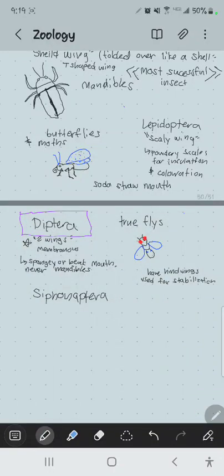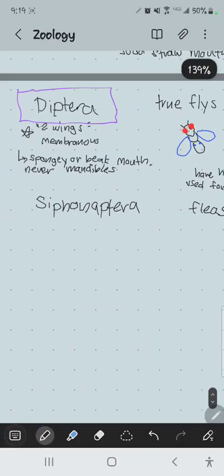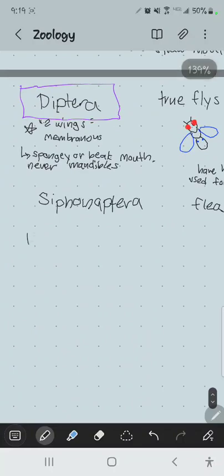These are laterally flattened. The body, rather than being dorsally flattened like the lice, has a laterally flattened body.